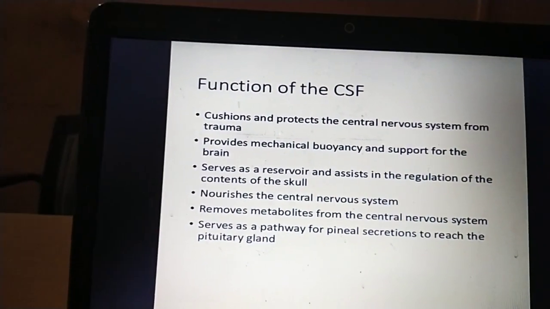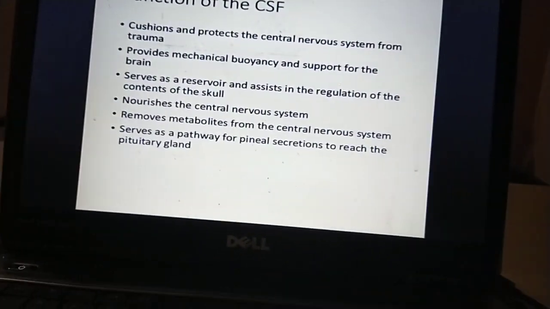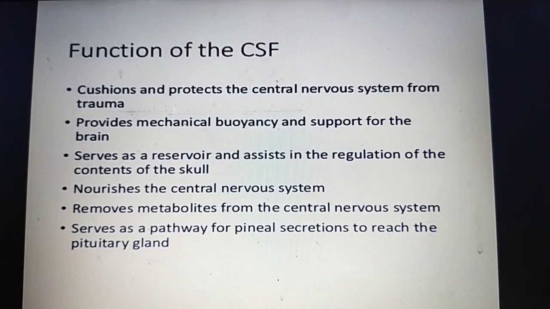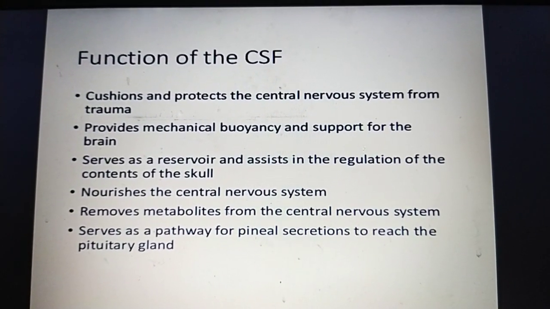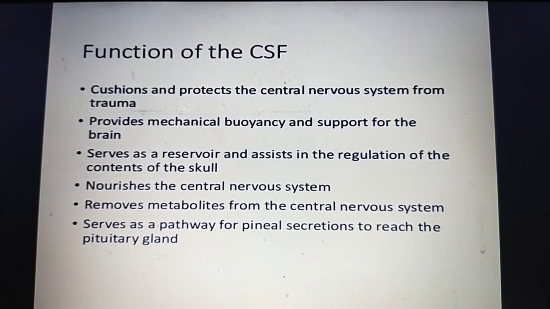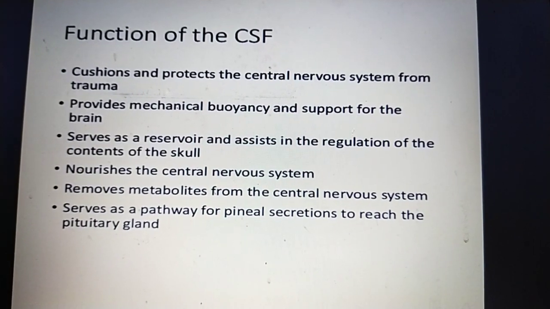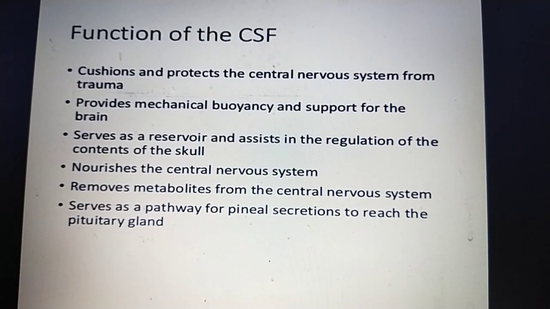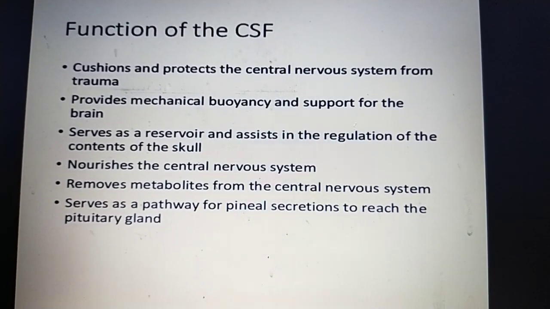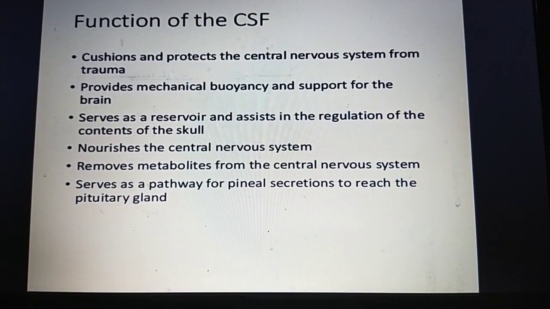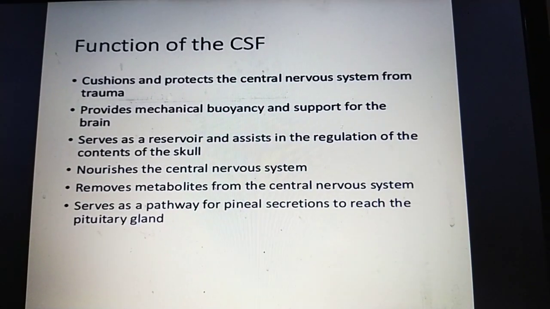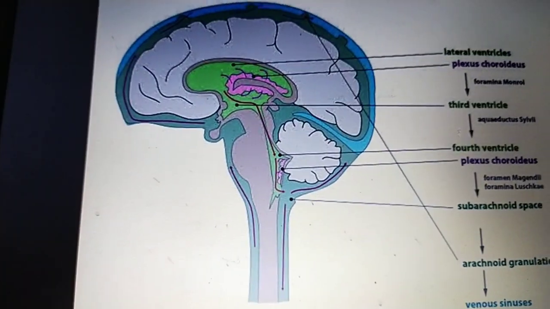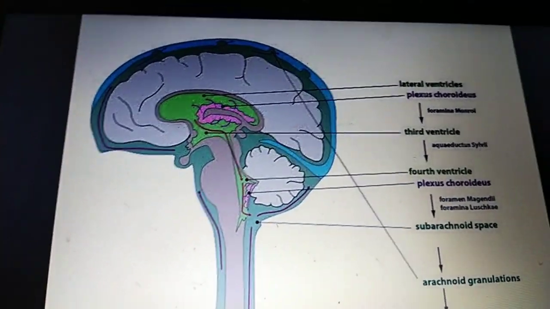The functions of the CSF are: cushioning and protecting the central nervous system from trauma, providing mechanical buoyancy and support for the brain, serving as a reservoir and assisting in the regulation of the contents of the skull, nourishing the central nervous system, removing metabolites from the central nervous system, and serving as a pathway for the pineal secretions to reach the pituitary gland.